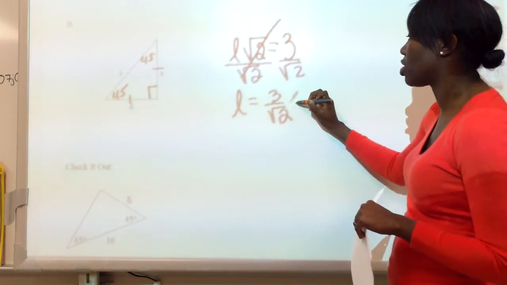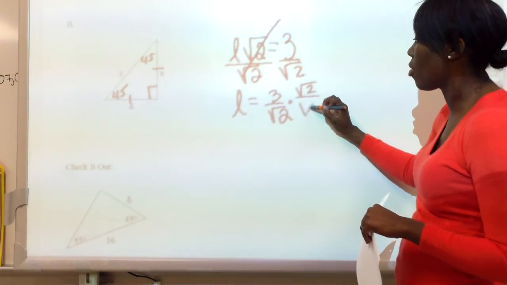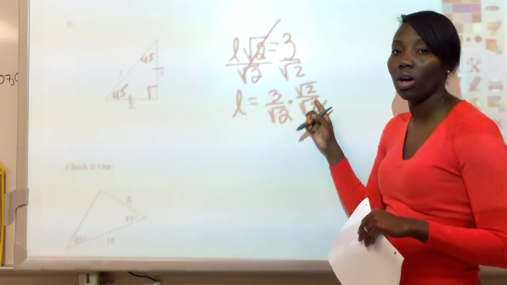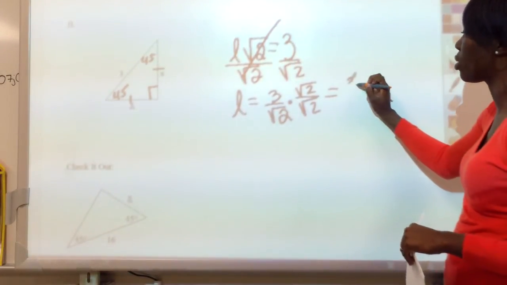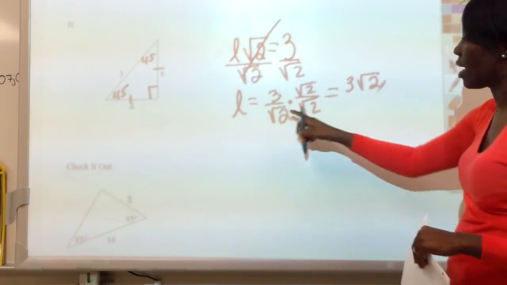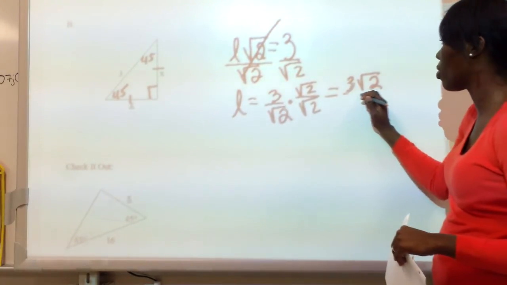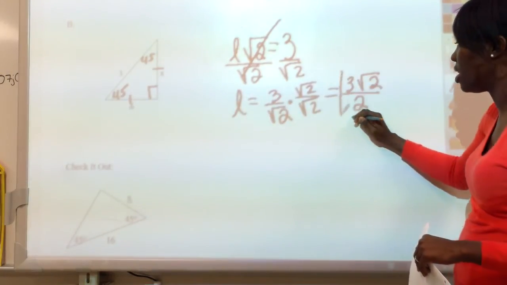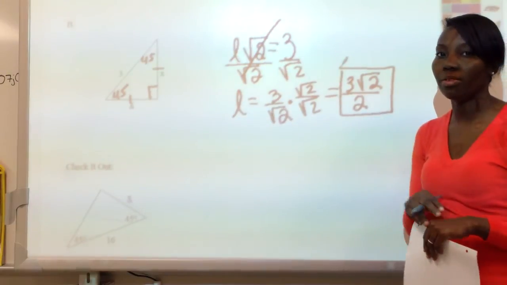For those of you who forgot, by rationalize you multiply by square root of 2 over square root of 2, because it's still equivalent to 1, but we're trying to get rid of the radical. And so this leg is equal to 3 radical 2 in our numerator, and square root of 2 times square root of 2 is the square root of 4, and the square root of 4 is 2, so this was the original measurement of the legs.